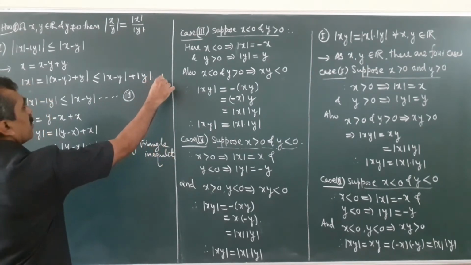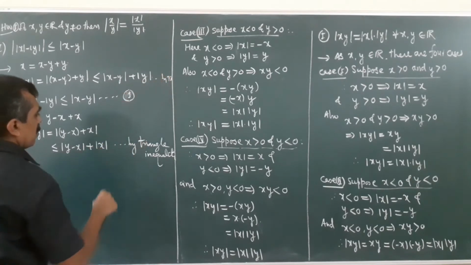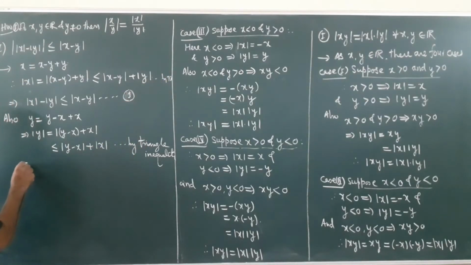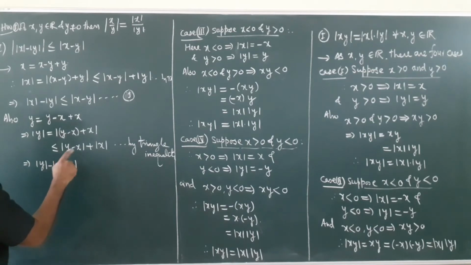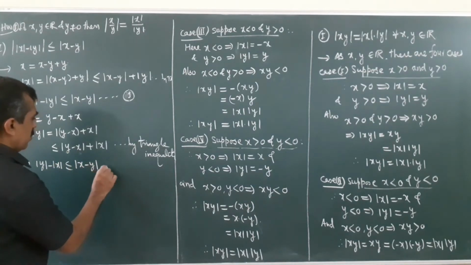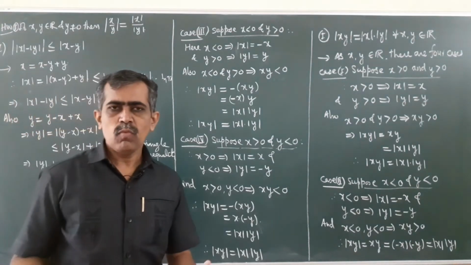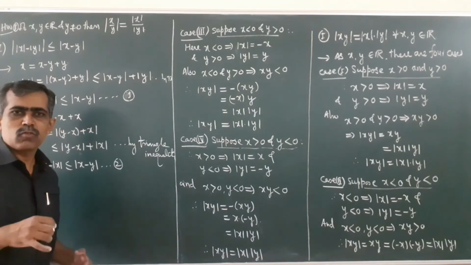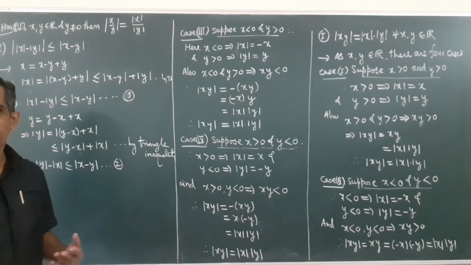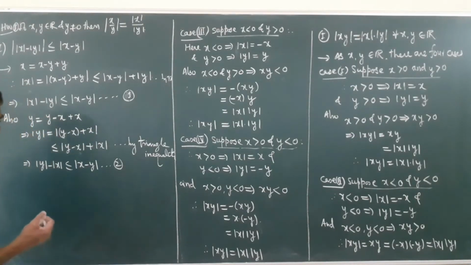So therefore this implies mod of y, now add minus mod x to both sides. Mod of y minus x is same as mod of x minus y. So distance of x to y is same as distance from y to x. So that's why both are the same.